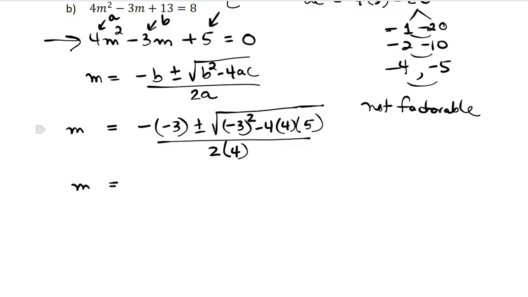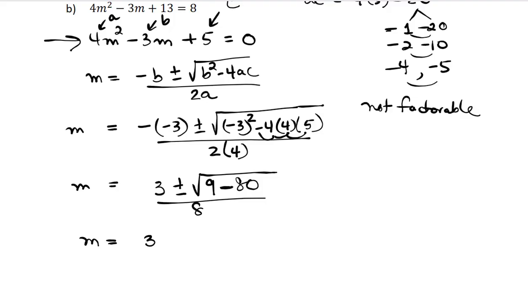So m here, simplifying it, is 3 plus or minus the square root of 9 minus, here we have a negative times a positive times a positive, so it's going to be a negative product. 4 times 4 is 16, times 5, 80, and then all over the number 8.